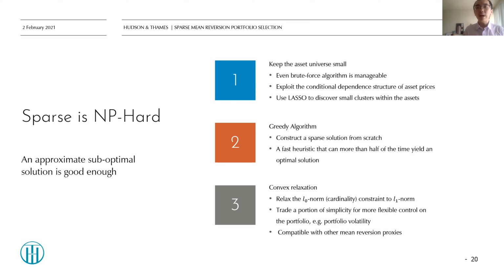For example, now you can control portfolio volatility. And also, the convex relaxation framework is compatible with other mean reversion proxies I've introduced before. But for now, we're going to focus on minimizing the predictability.